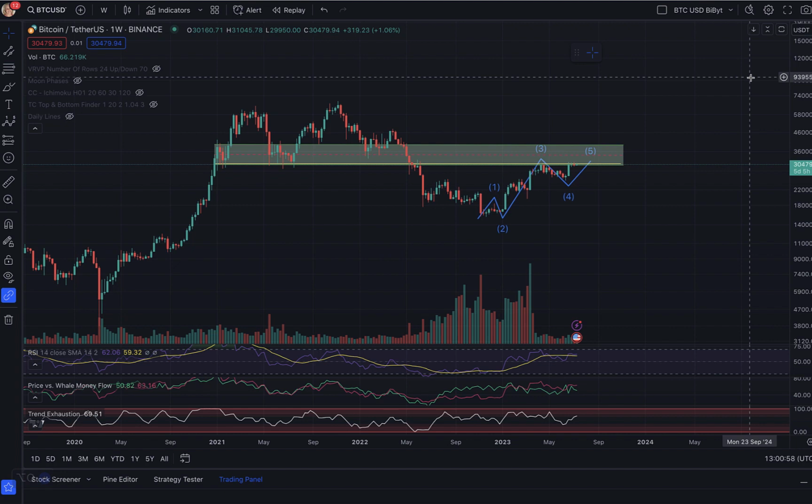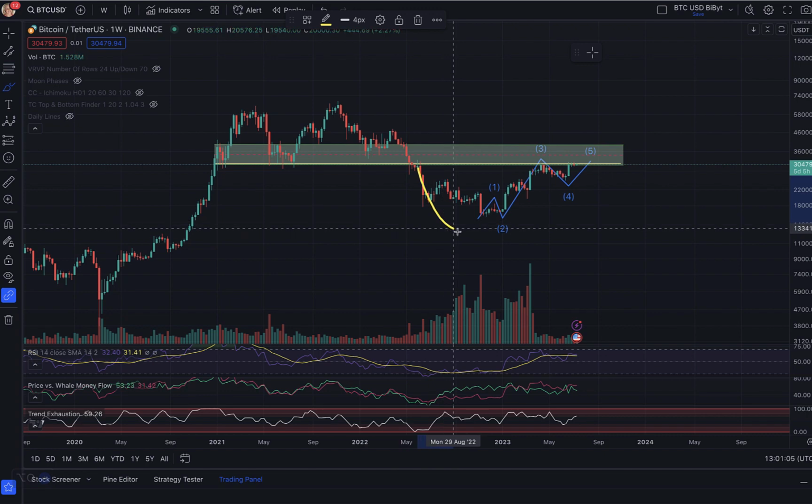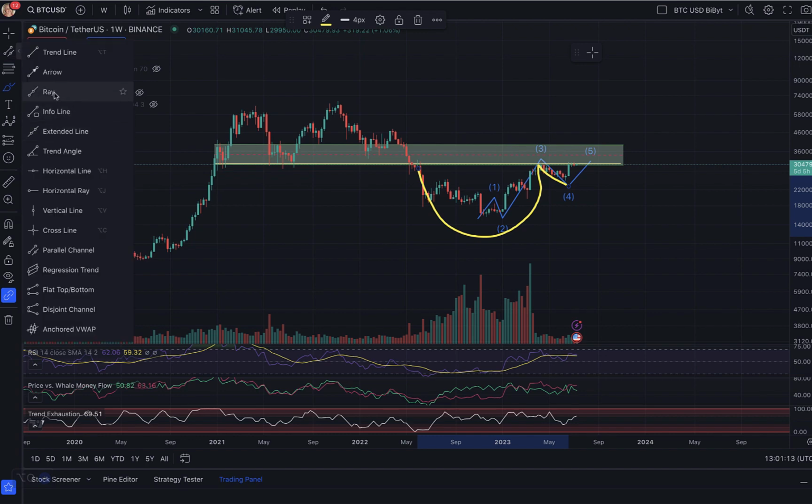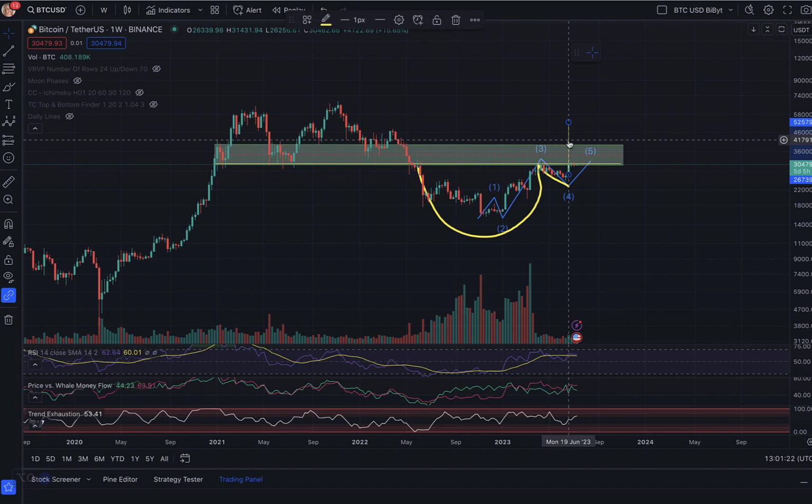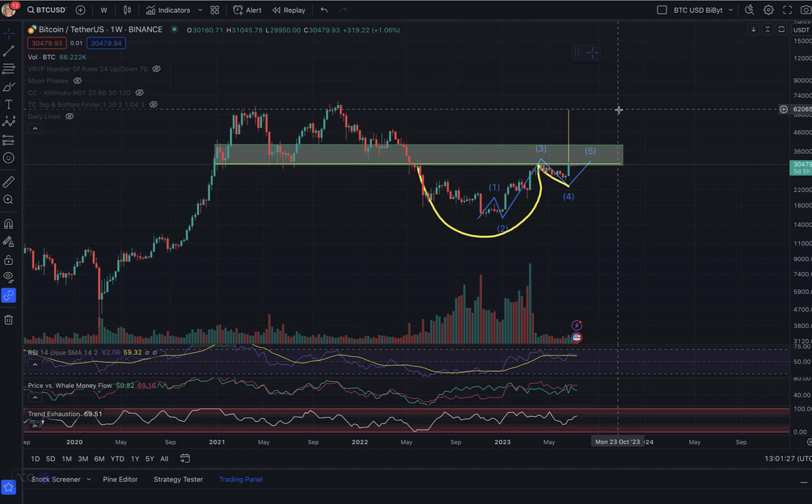So then I want to have a look at massive patterns, and if any of you haven't noticed, the pattern that we've got right now is a really nice, beautiful cup and handle, which is a bullish pattern, and it has a target of, we have to go up to the neckline, it has a target of 61,278.